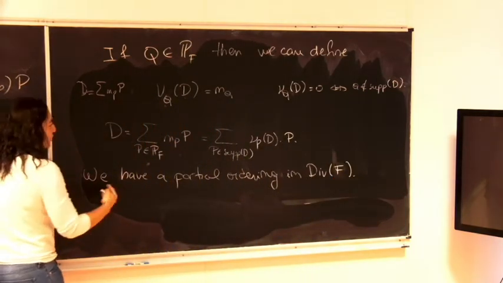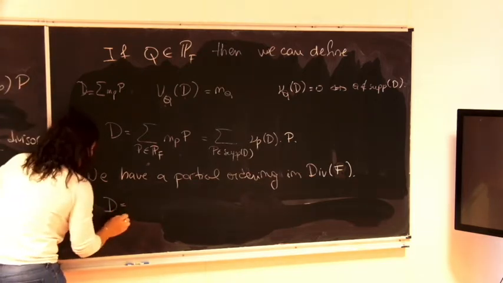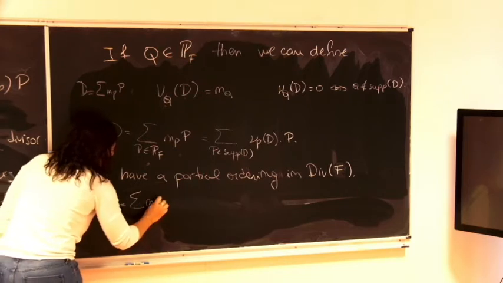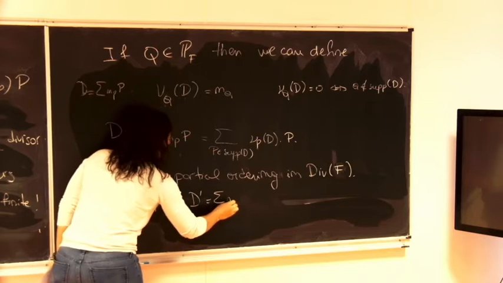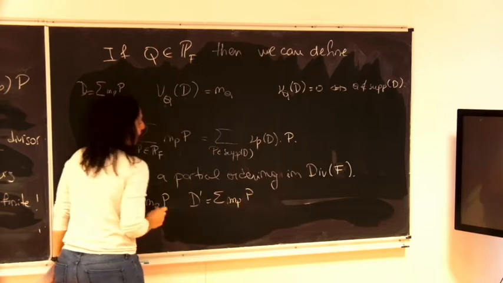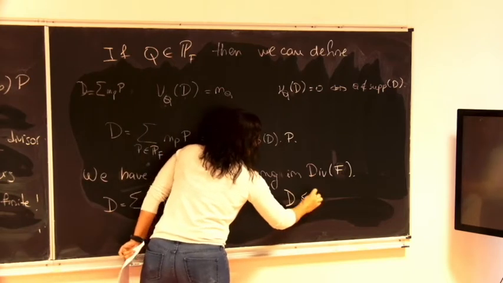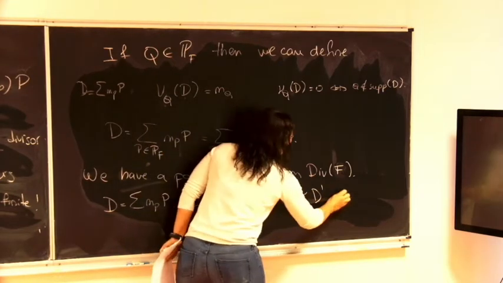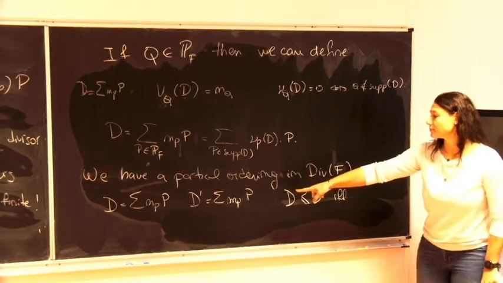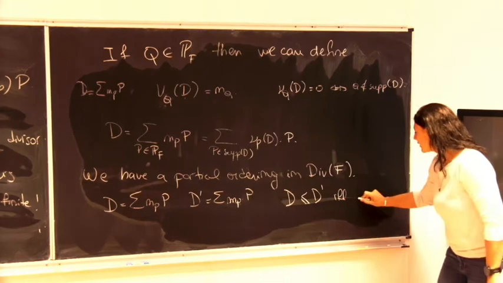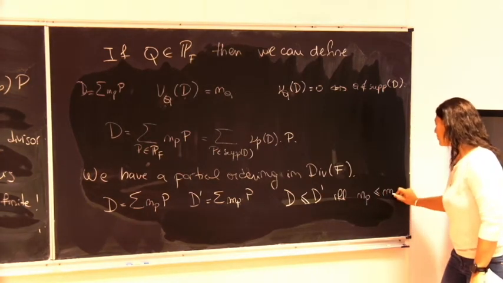If I have D, which is the sum of n_P P, and D', the sum of n'_P P, then we say that D is less or equal than D' if and only if, for all places P, I have that n_P is less or equal than n'_P.